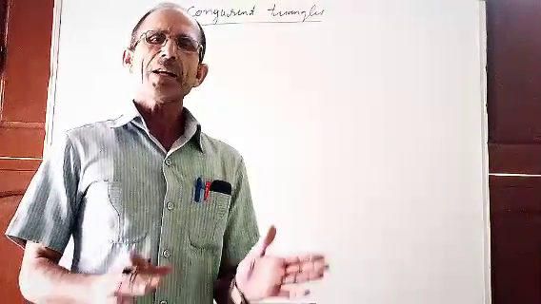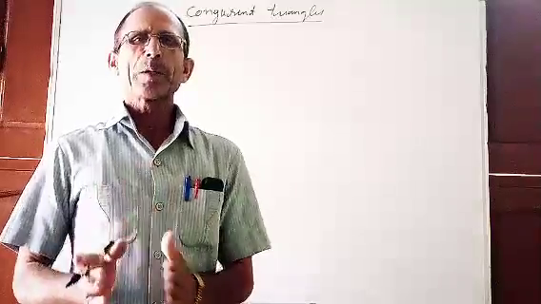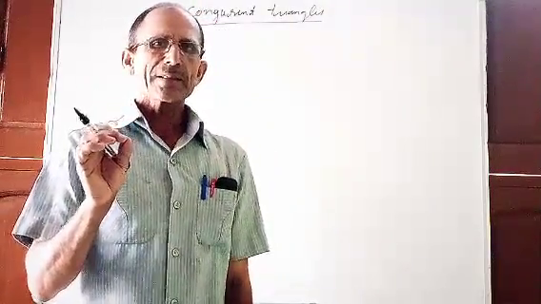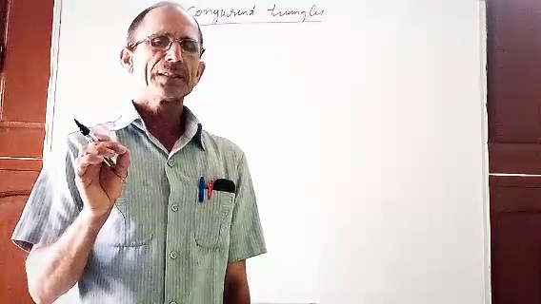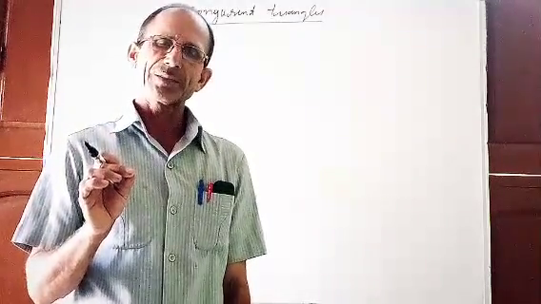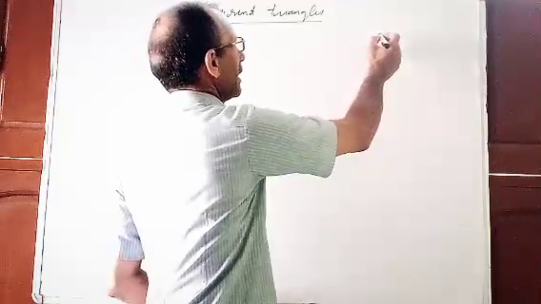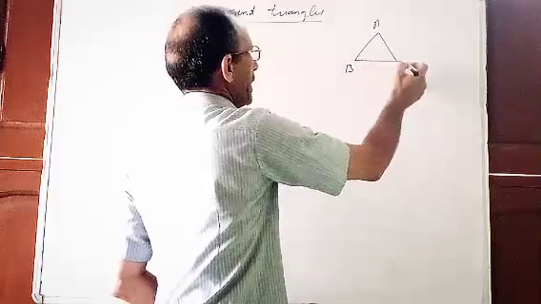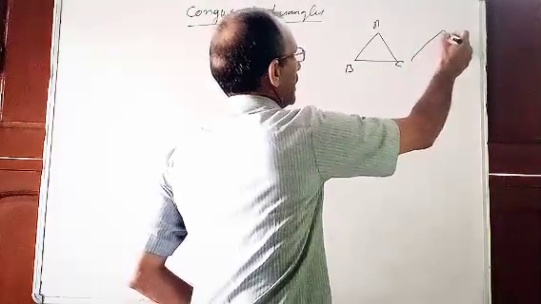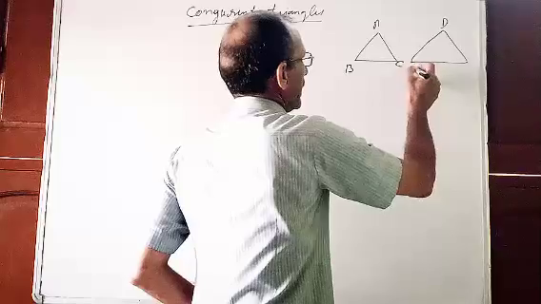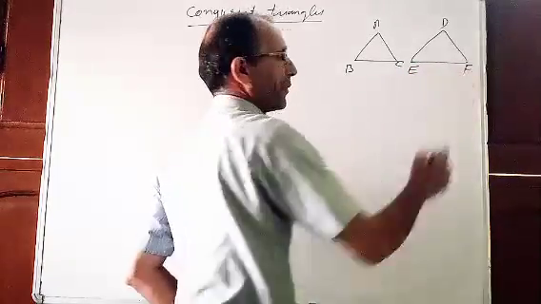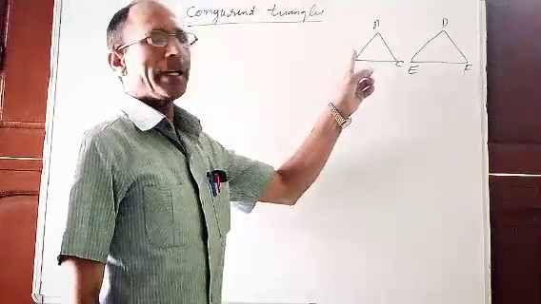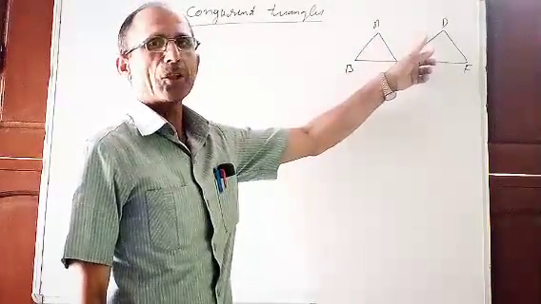Now, congruency of triangles. There are some properties, some rules of congruency. Two triangles will be congruent if their corresponding sides are equal. Suppose these are two triangles, A, B, C and D, E, F. Corresponding means AB corresponds to DE.